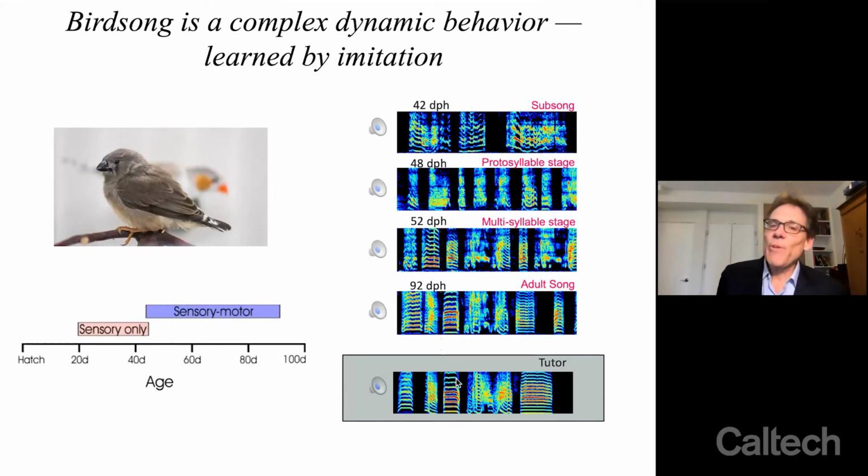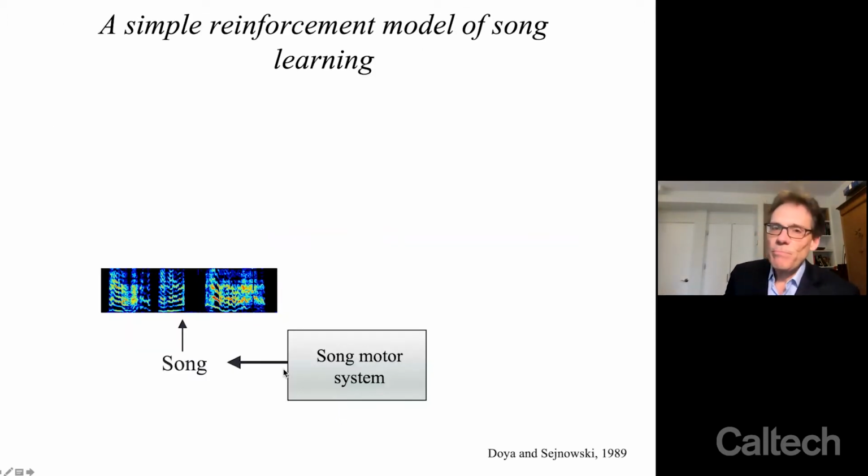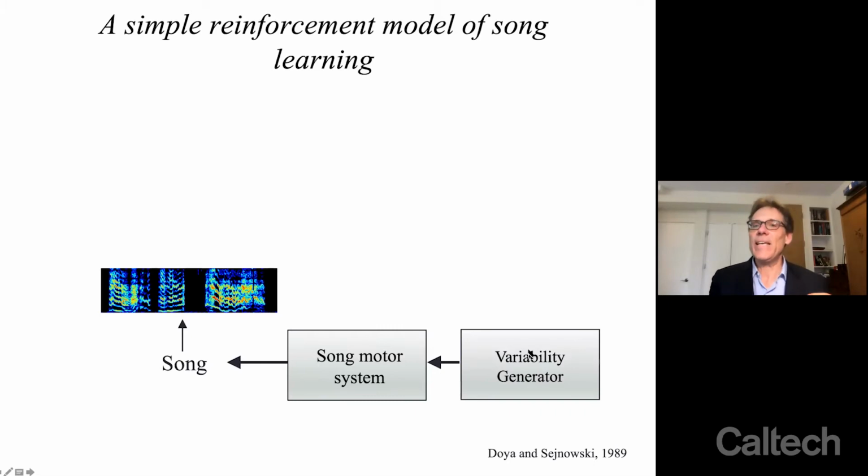Now, the basic framework for how we think this happens is reinforcement learning, which was first introduced to the songbird field by Kenji Doya and Terry Sejnowski in the late 80s. The basic idea is that young birds have a neural circuit for producing song, as well as a source of variability so that they can try out different variations of the song.